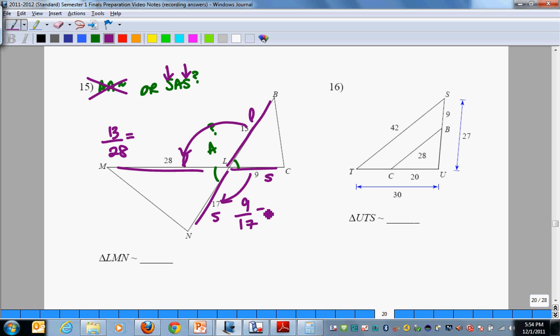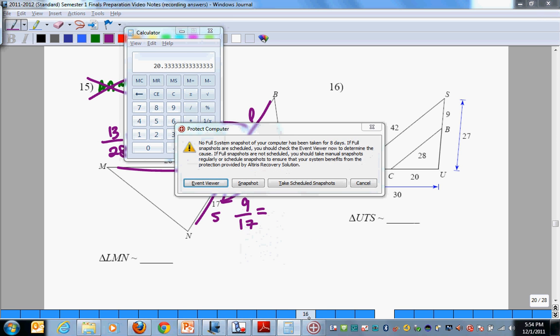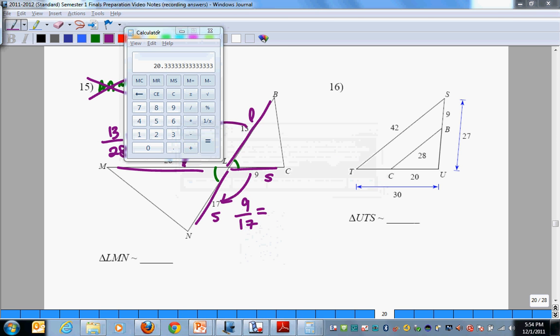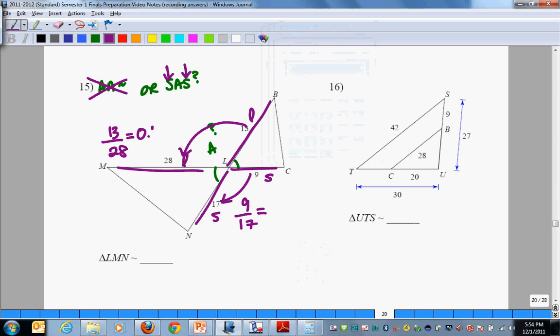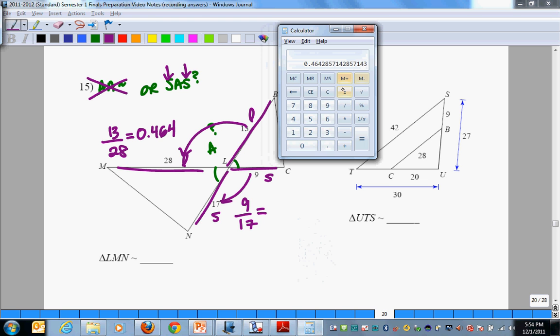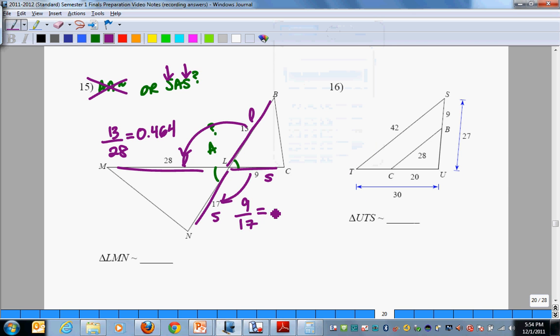For this, I'm just going to divide and get a decimal. So 13 divided by 28, 0.464. And over here, 9 divided by 17, 0.529.